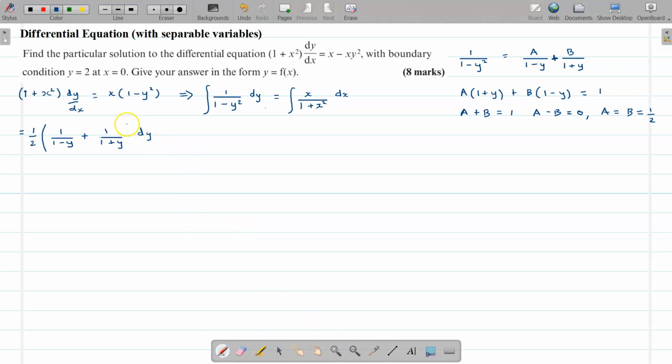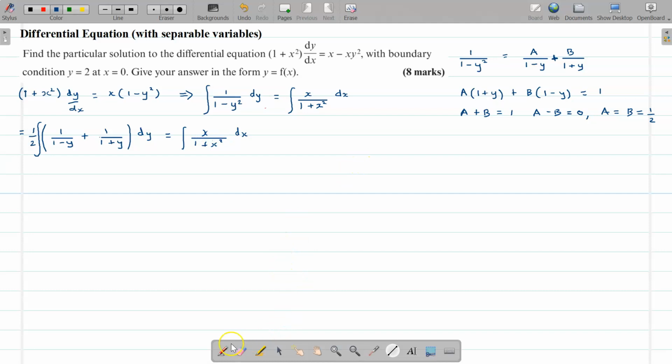So I put an integral sign in front of that bracket, and that is equal to the integral of x over 1 plus x squared dx.